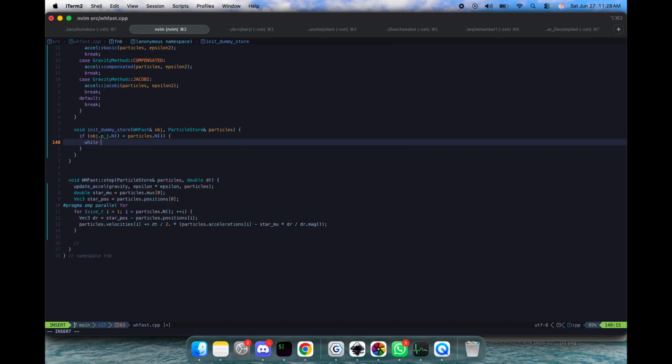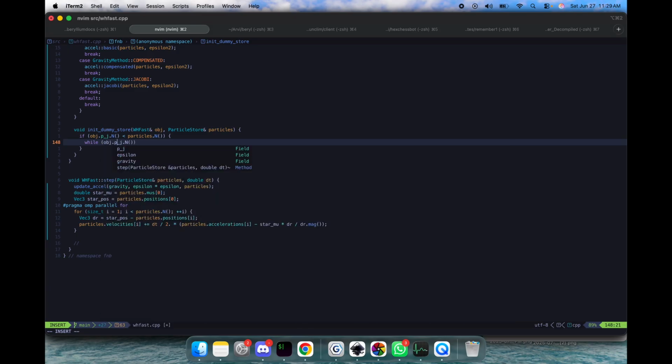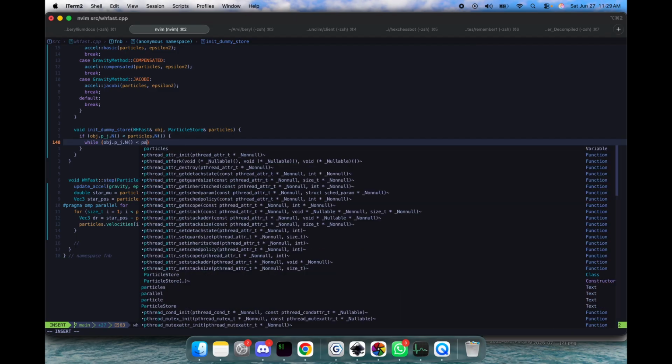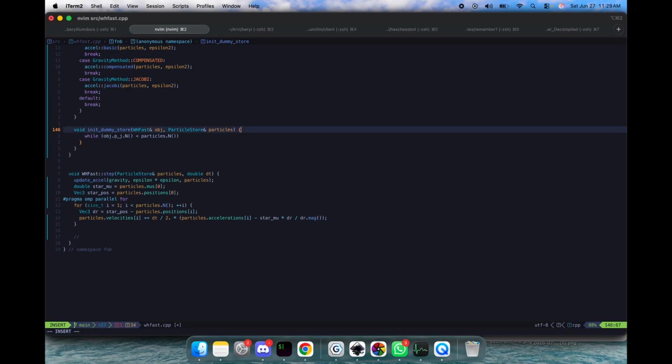So while object.pj.n is less than particles.n, we then just, why do we even need this outer loop?